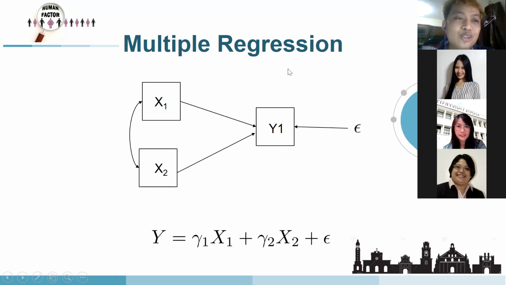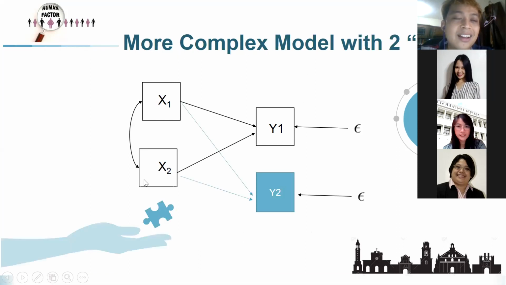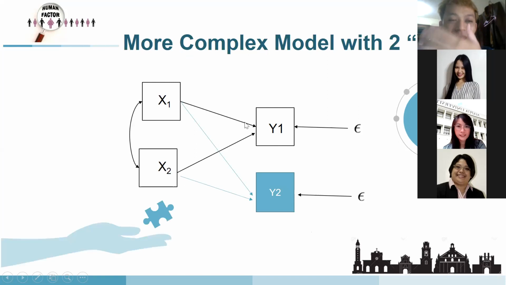Now I go to the second limitation of multiple linear regression. If I add one more y, look at this, adding more difficulty. We can run this simultaneously in one model. Moreover, we can see how big the effect of x1 on y1 or x1 on y2 simultaneously.